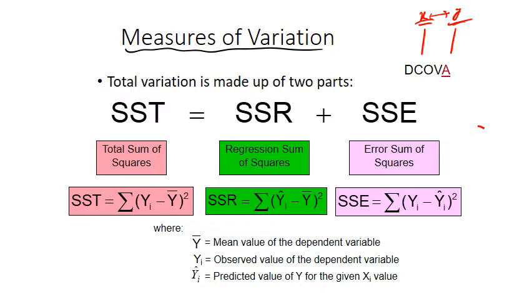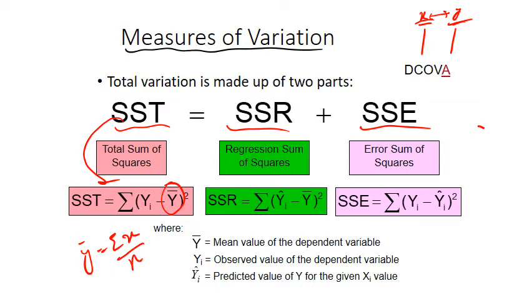We will study this relationship between x and y through measures of variation, and the formulas for measures of variation are SST, SSR and SSE, where SST is further equal to this one. Here y bar is the mean, sum of y over n, and y hat, as we discussed previously, is what we get if we substitute a naught and b naught into the regression equation.